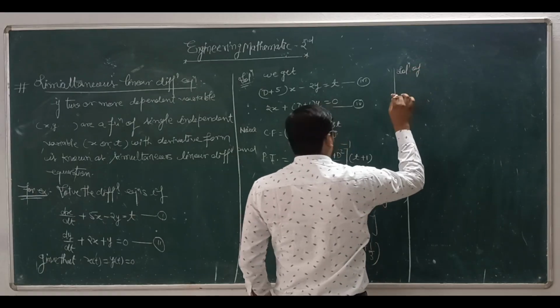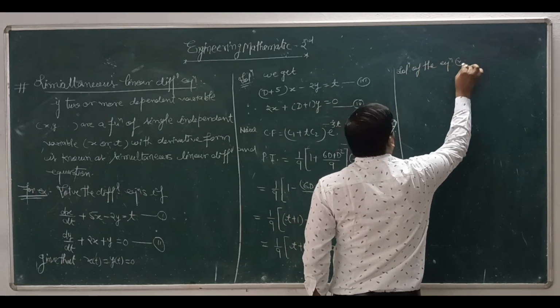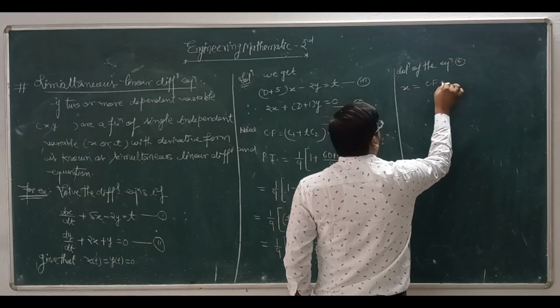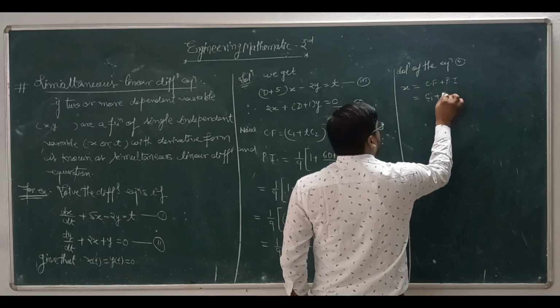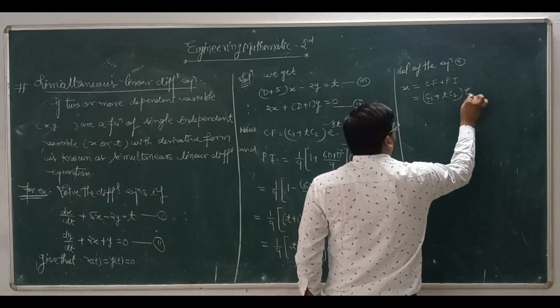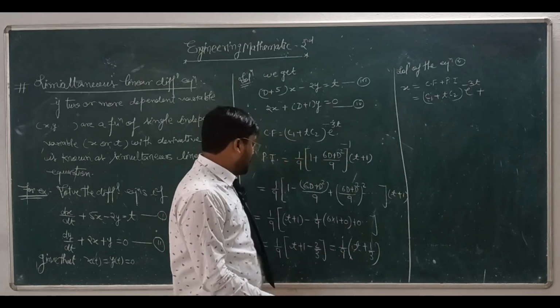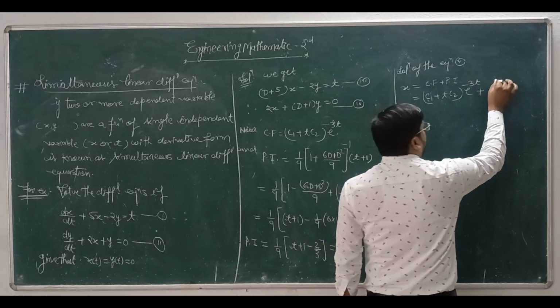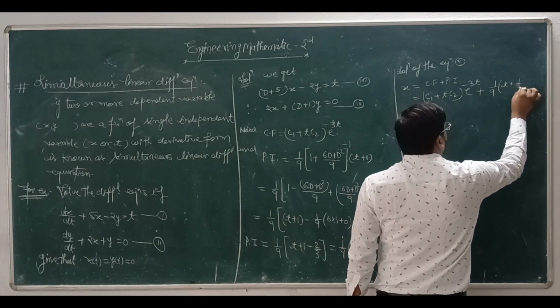The solution of the equation fifth, you can write x is equal to cf plus pi. Now putting the value of cf, this means c1 plus t c2 e to the power minus 3t, plus putting the value of pi, 1 by 9 t plus 1 by 3.